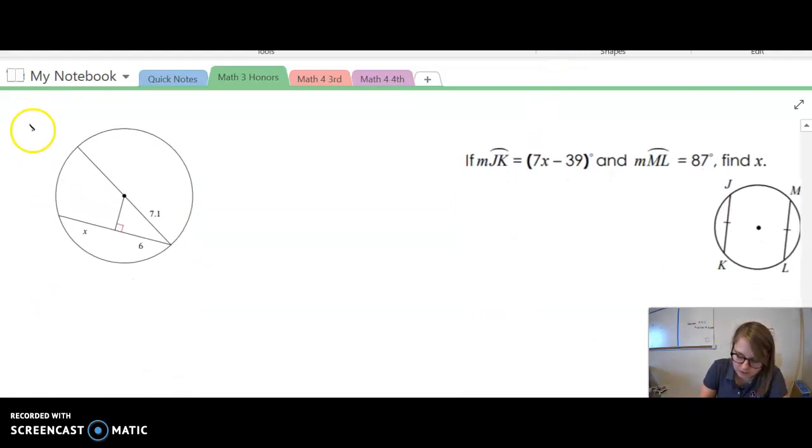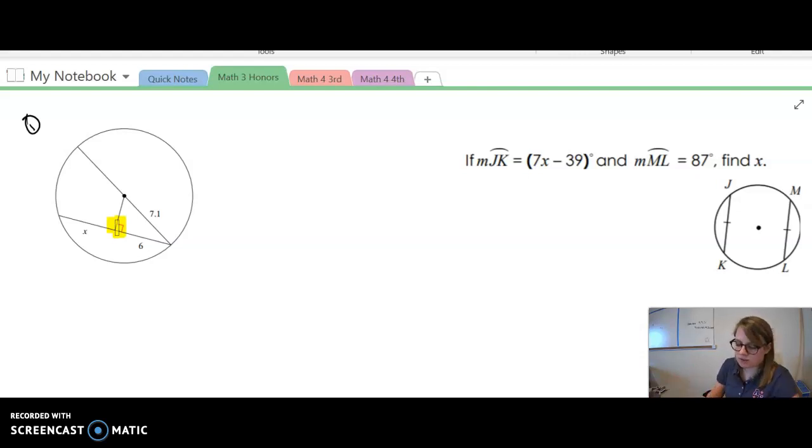So for this first problem, we have a line, a diameter, and we have a chord, and then a small segment here. So we need to solve for x. Now, if we look at this, I do notice that we have a right angle right there, and that tells me, well, isn't the chord just being bisected? And that's true.